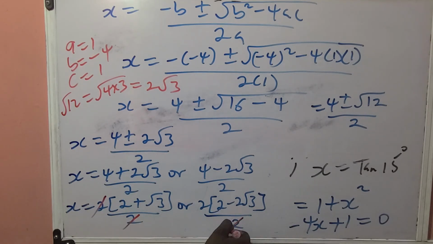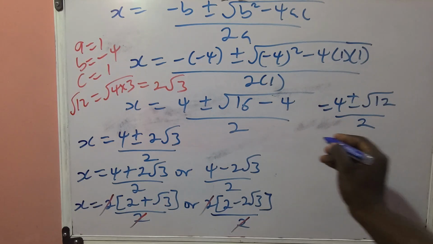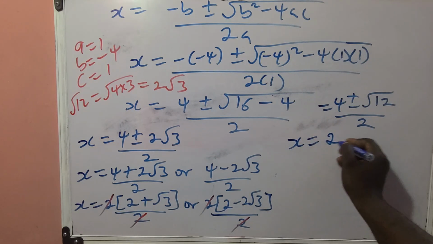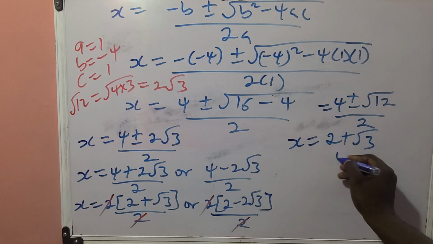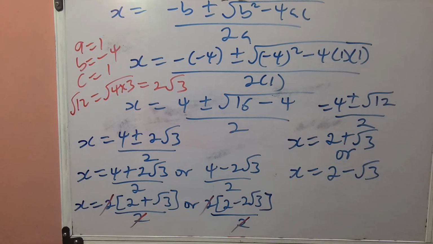So I'm left with my values as 2 plus root 3 and 2 minus root 3. So my x is equal to 2 plus root 3, or my x is equal to 2 minus root 3.